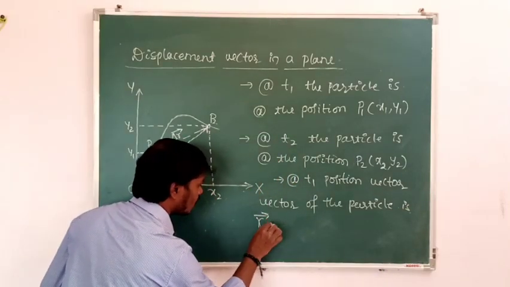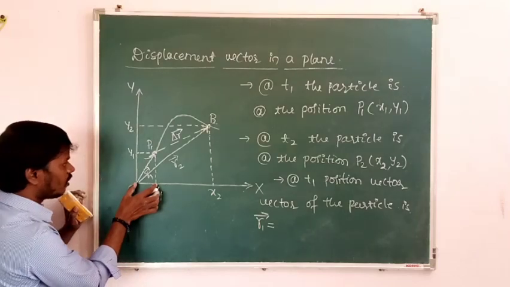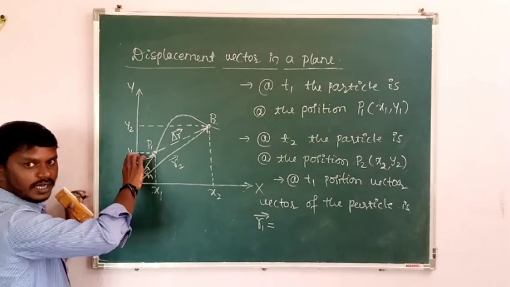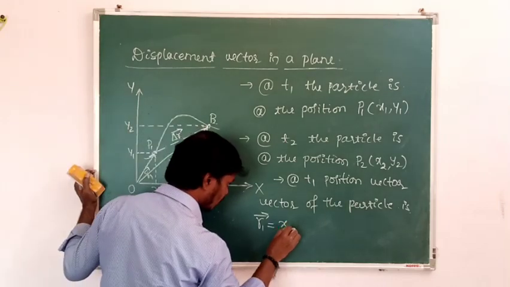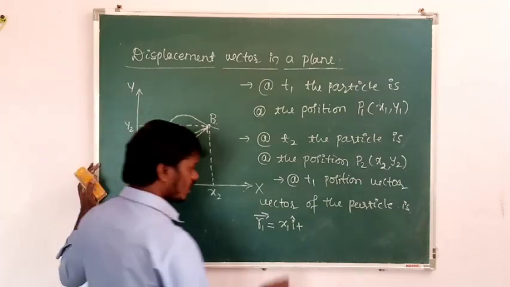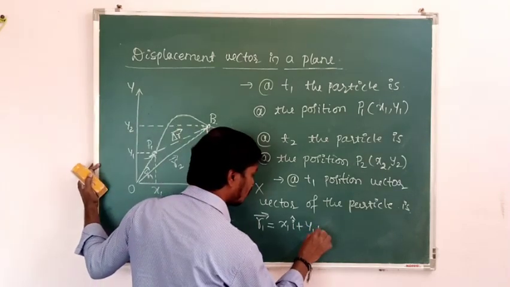That r1 can be resolved into how many components? 2 components: x component and y component. The x component can be written as x1 i, the y component can be written as y1 j.